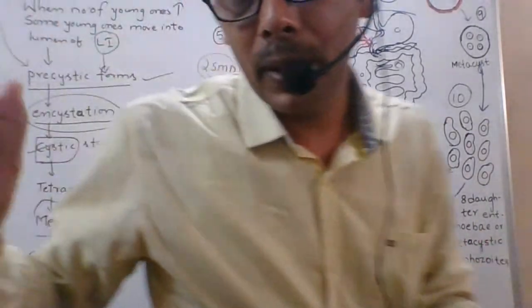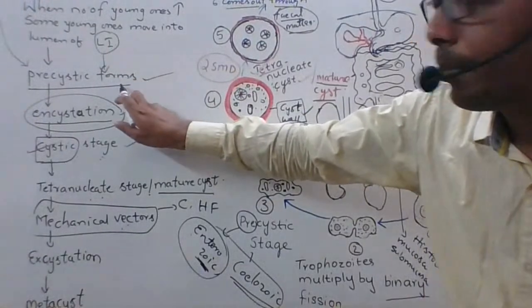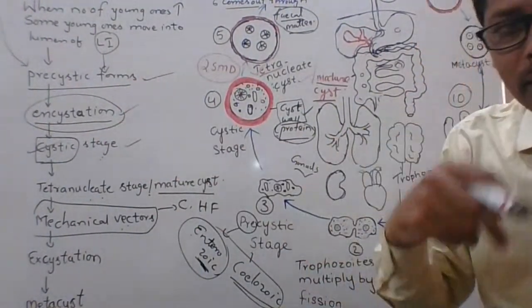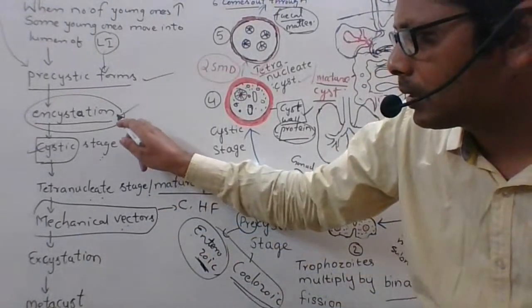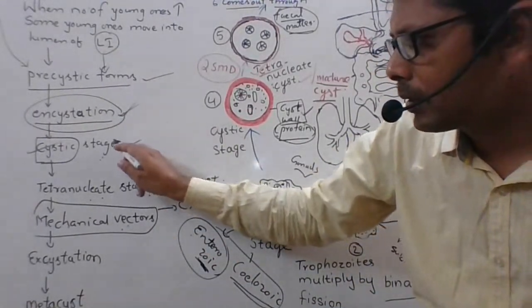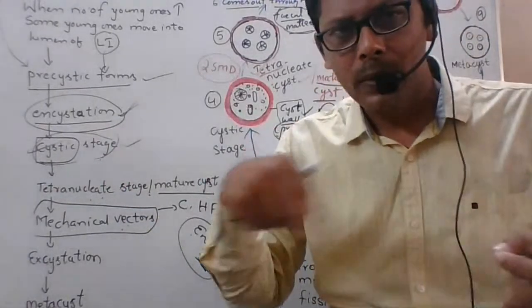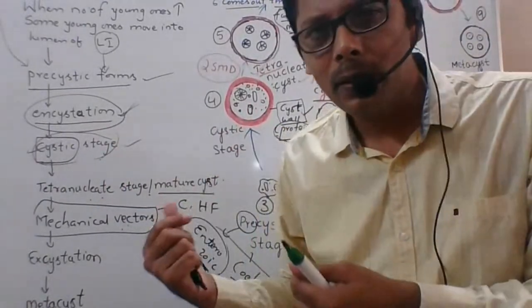The pre-cystic stage. Now I am showing here, this is the pre-cystic form. What happens around the pre-cystic form? Cyst wall is formed. That is called encystation. After encystation, the cyst stage is formed. So the cyst wall forms and covers it. This is called the cyst stage.